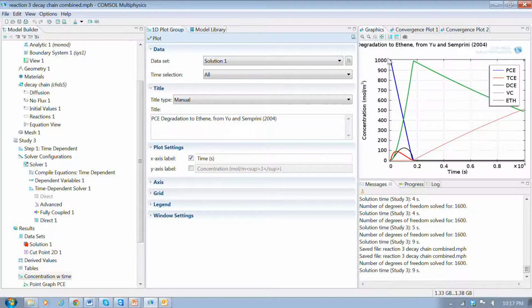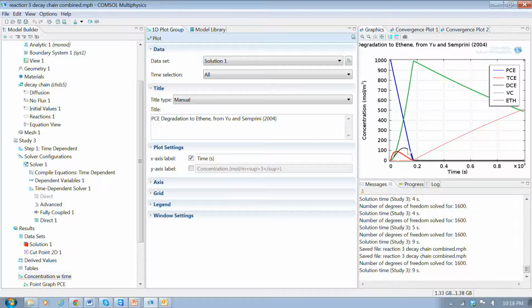PCE drops pretty quickly. Oh, and I ran this over 10 to the 6th seconds, so this is about 12 days, something like that. And if you look in the paper, they have experiments that last about that long. So PCE is dropping quite quickly. And TCE, I guess this is TCE, it increases and drops off.